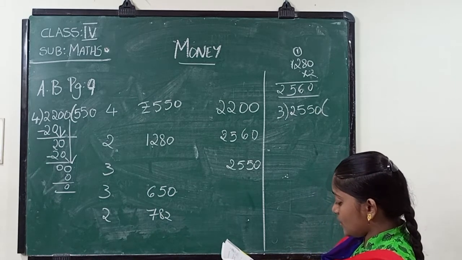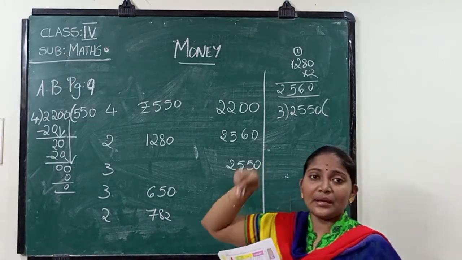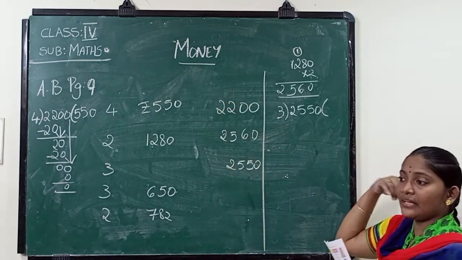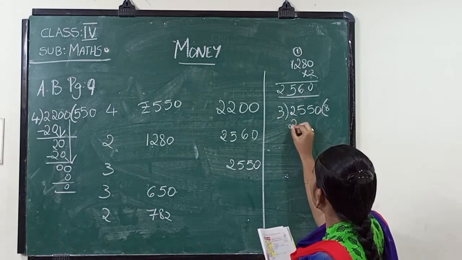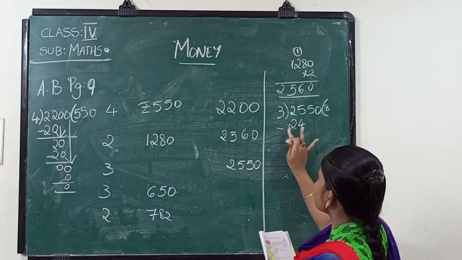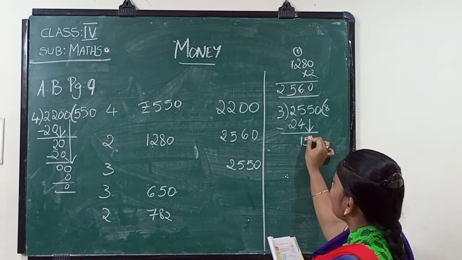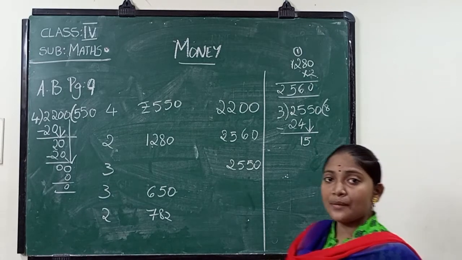3 8s are 24. When I use 3 9s, it's a big number. 27 is bigger than 25. So here I am using 3 8s are 24. So 25 minus 24 is 1 and bring down the 5. In the 3 table, 15 comes at 5 times.